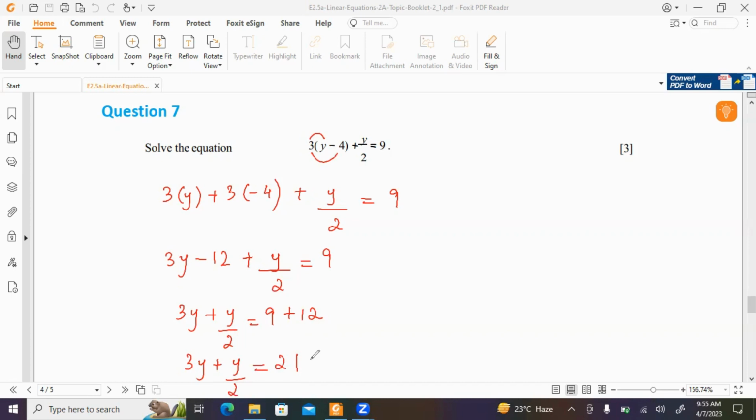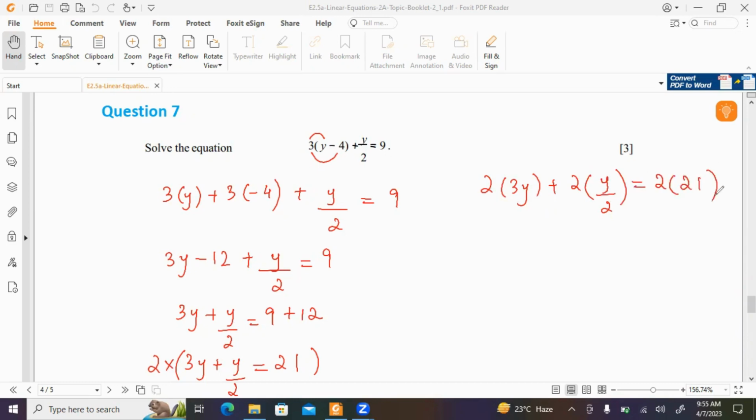In order to get rid of the fraction, I'm going to multiply the entire equation by 2. So when you multiply the entire equation by 2, it's 2 times 3y plus 2 times y over 2 equals 2 times 21.